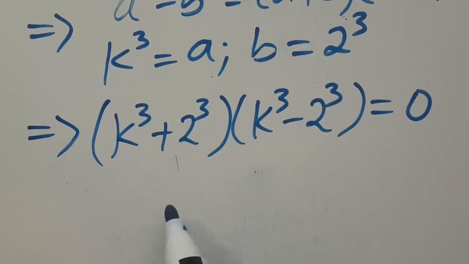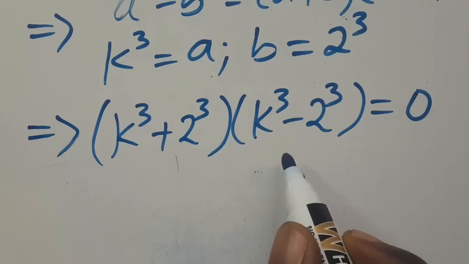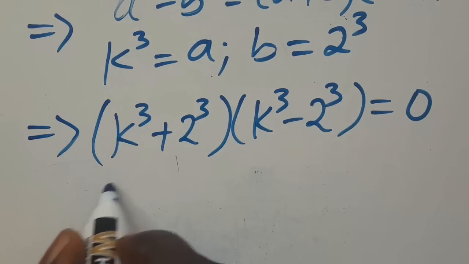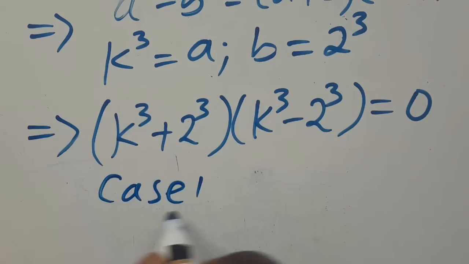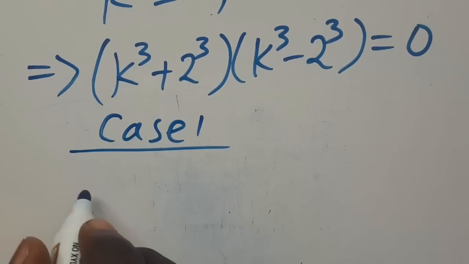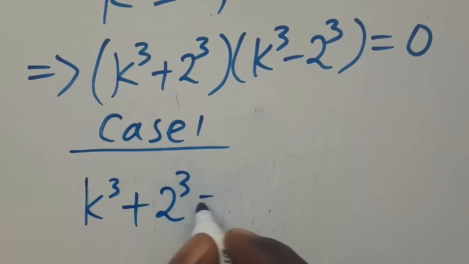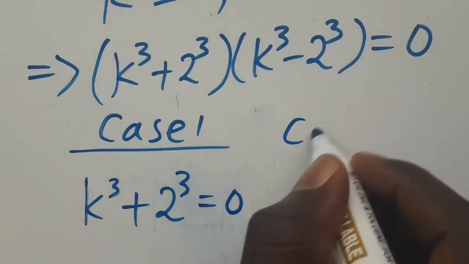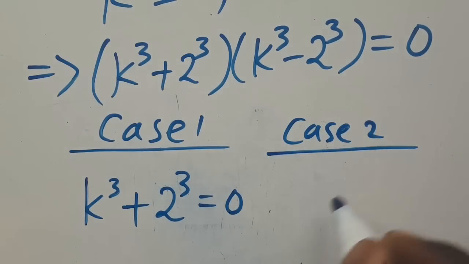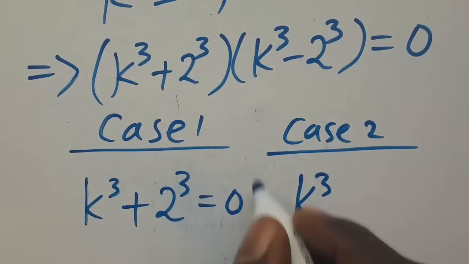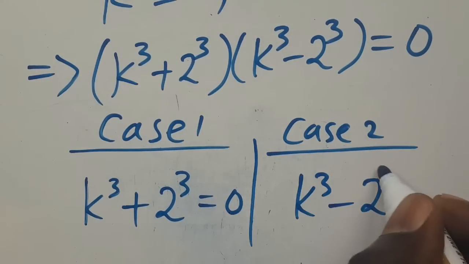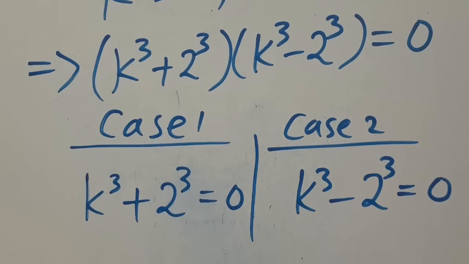What we are trying to say here is that for this expression to be equal to 0, either we have, let's say case 1, k to the power of 3 plus 2 to the power of 3 equals 0, or case 2, k to the power of 3 minus 2 to the power of 3 equals 0.